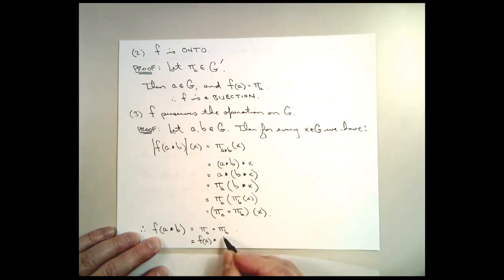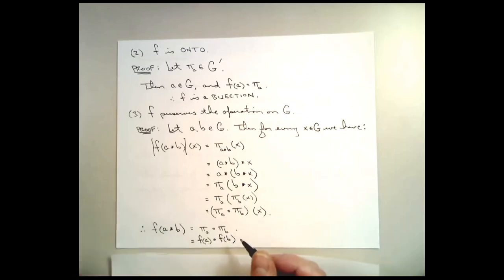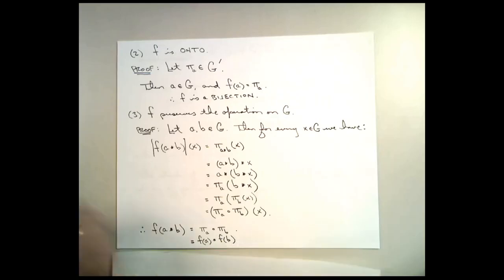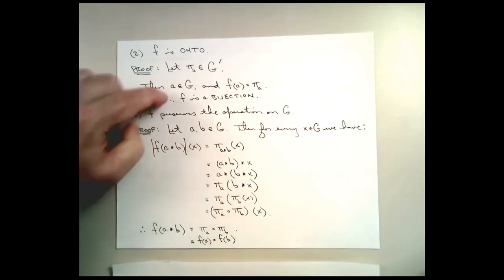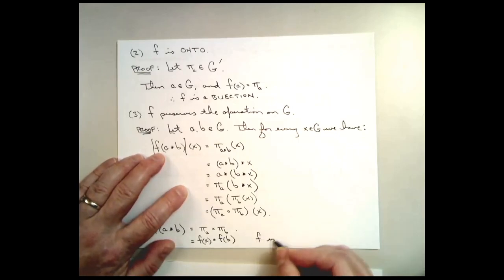And I'm composing that with F of B. So there I go. If I multiply in G first and then look at the image, I get the same thing as if I look at the images first and then multiply in G prime. So F does preserve the operation. So it's a bijection, and F is operation preserving.